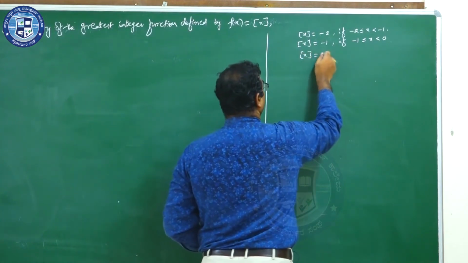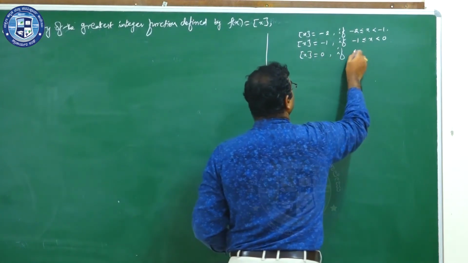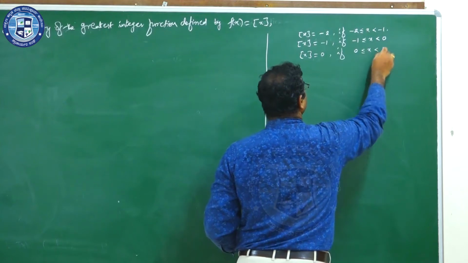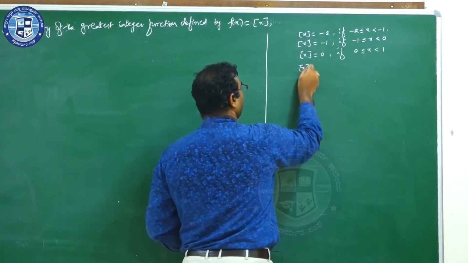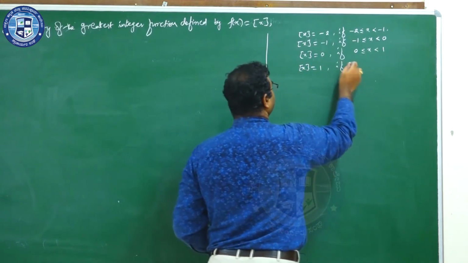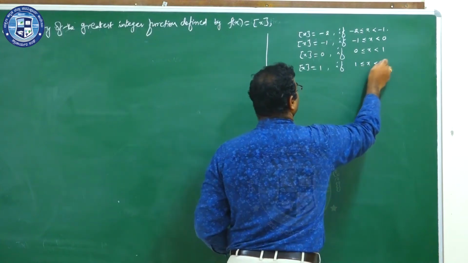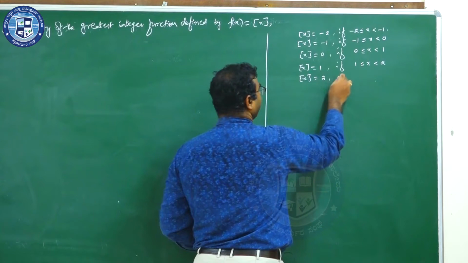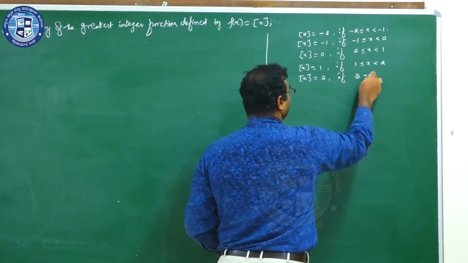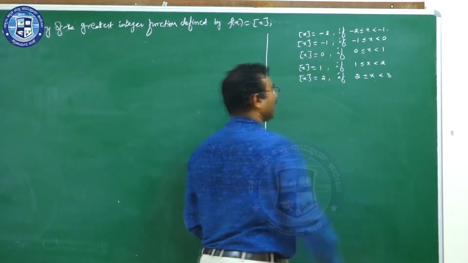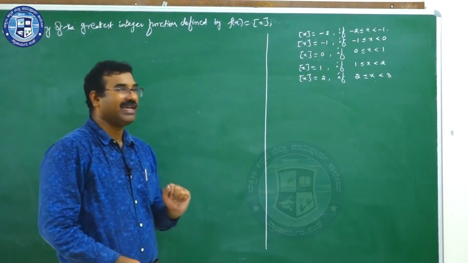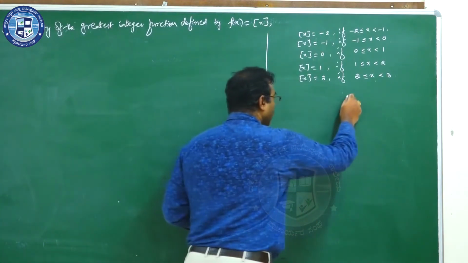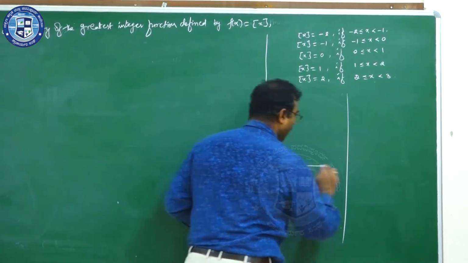Box x is 0 if 0 is less than or equal to x less than 1. Box x is 1 if 1 is less than or equal to x less than 2. Box x is 2 if 2 is less than or equal to x less than 3. Just some five values I have taken.